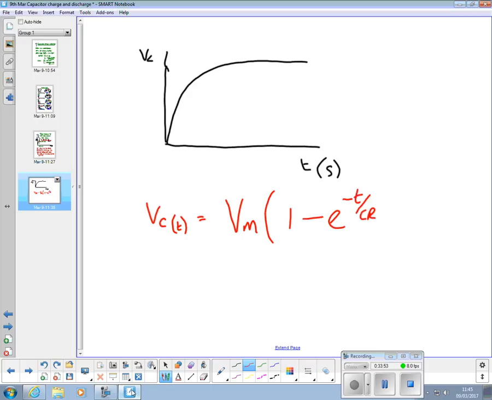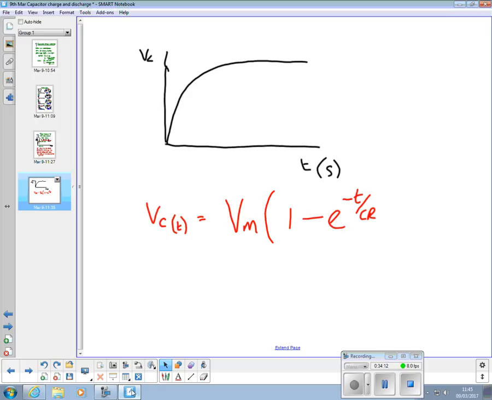The constant that I put in those formulae on the graphing software is 1 over CR. So the time constant will control whether that's a steep curve or a shallower one. That's where I go in the formula.